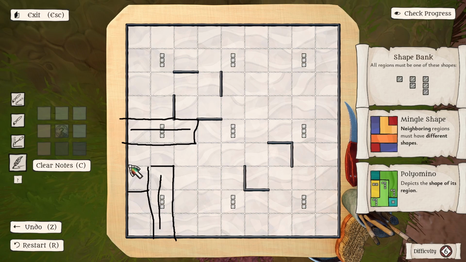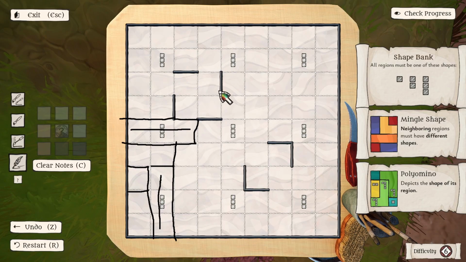That could be a 2 and a 1 and another 2. It'll have to be something like that. These could be what breaks the symmetry.